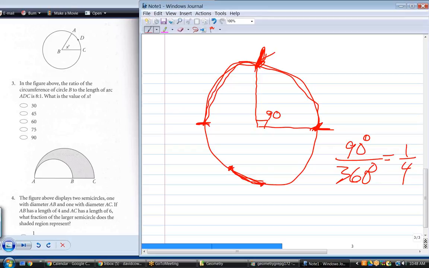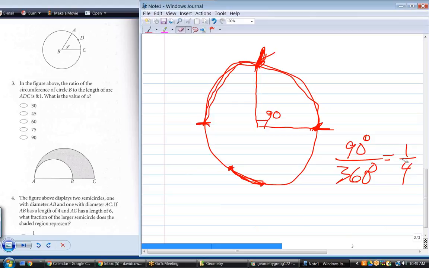Well, you don't know. I'm giving you enough information. I'm just trying to describe to you what arc length means. If I draw a circle with a piece of string, cut the string and straighten it out and lay it on the table, that's the circumference.